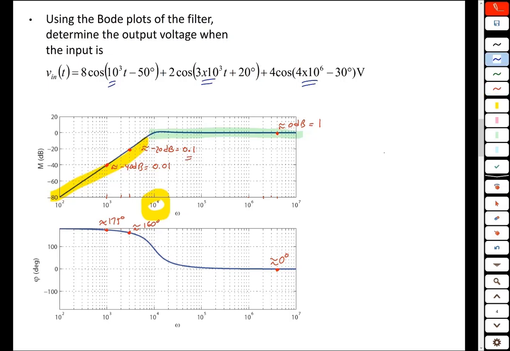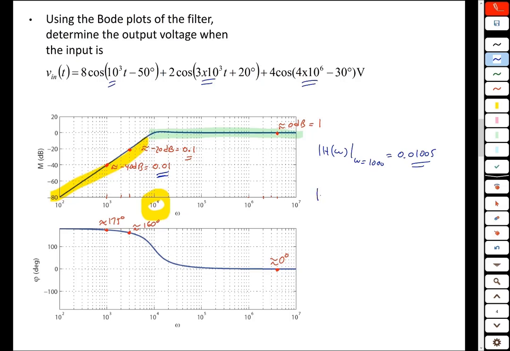So these are all estimates here. It needs to be pointed out that these are just estimates. For example, we saw at 1,000 radians per second that the gain is approximately 0.01. We saw that the magnitude of H evaluated at 1,000 from the previous page was actually 0.01005. So it's close, but not exact.